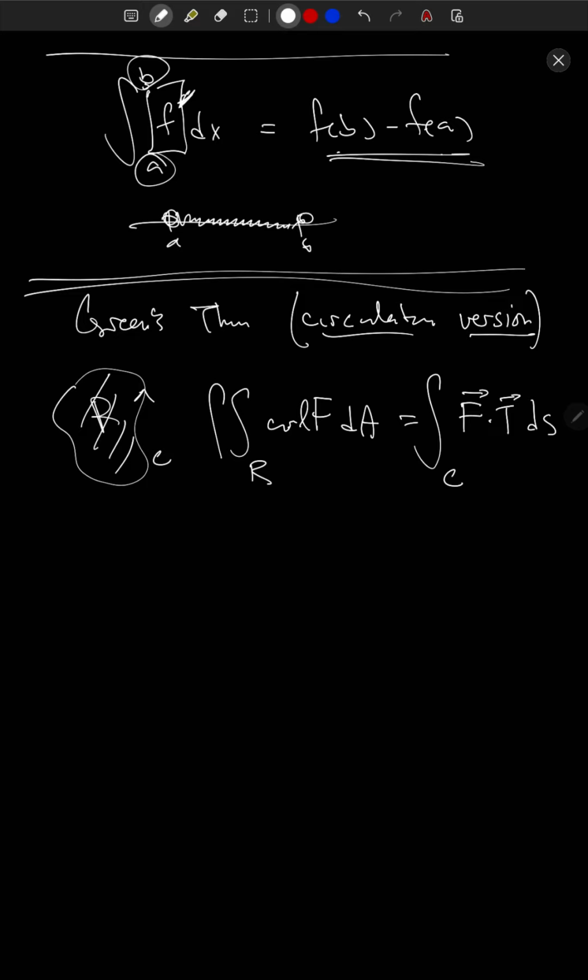So this is the circulation version, because remember we saw in the last section, this was circulation. It's how much fluid is flowing along your curve, in a way. And examination of this version of Green's theorem is going to tell us what the meaning of the curl should be.